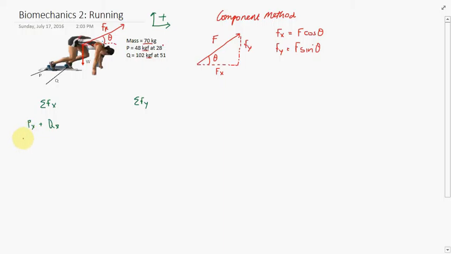To calculate the component of P acting in the x direction, I take the magnitude of P multiplied by the cosine of its angle, and the same is true for Q: the magnitude of Q multiplied by the cosine of its angle. Since both of these x components are acting to the right, I am adding them together. They have a cumulative effect.